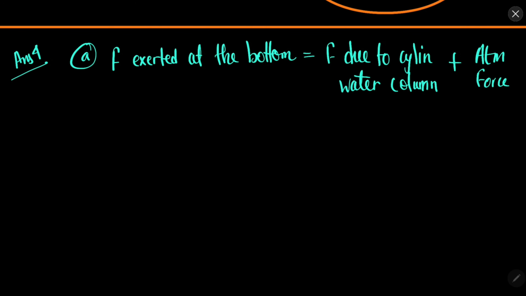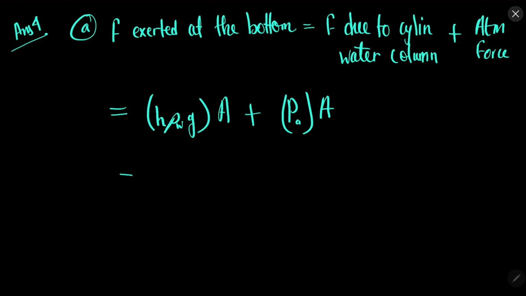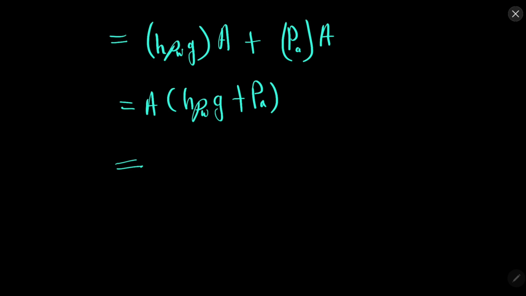First of all, what will this force be? It will be pressure into area. So pressure is h rho g into area, plus again pressure of air into area. So A h rho g plus pressure of air. Once you put the values, you will get 205.4 Newton approximately.